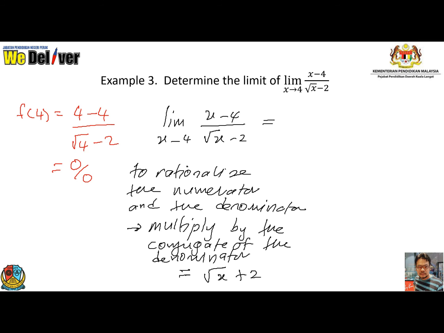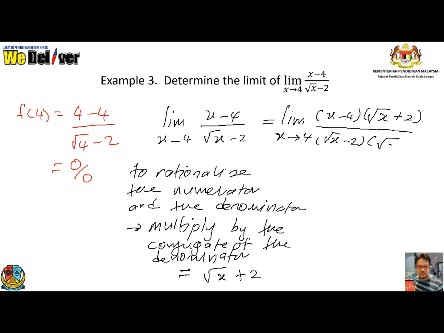So you multiply both numerator and denominator by square root of x plus 2. It will become the limit when x approaches 4 of (x minus 4) times (square root of x plus 2), over (square root of x minus 2) times (square root of x plus 2).